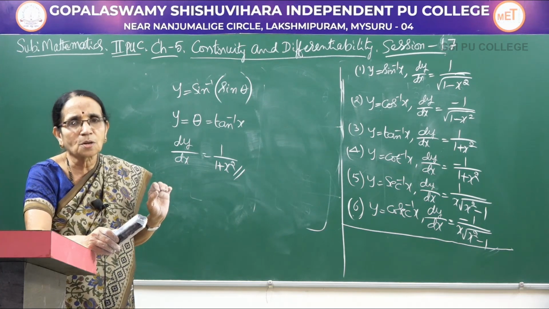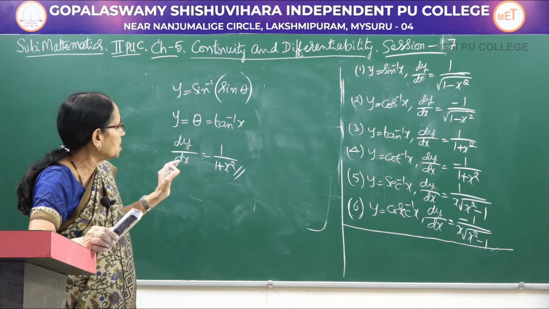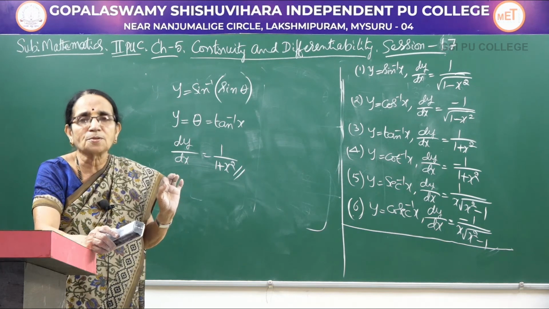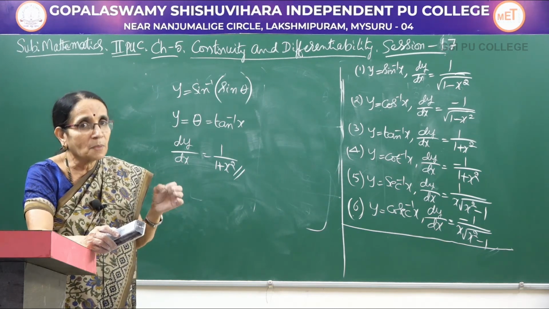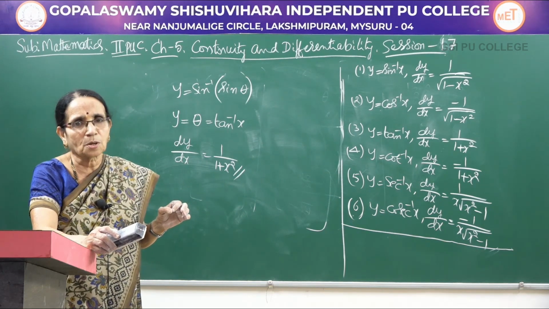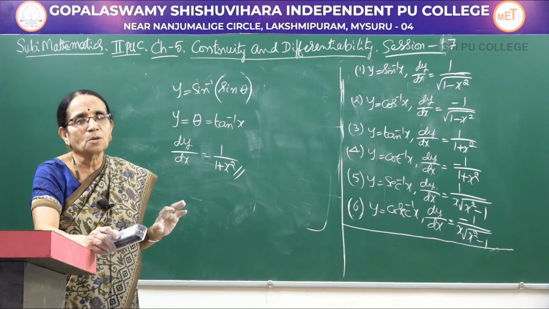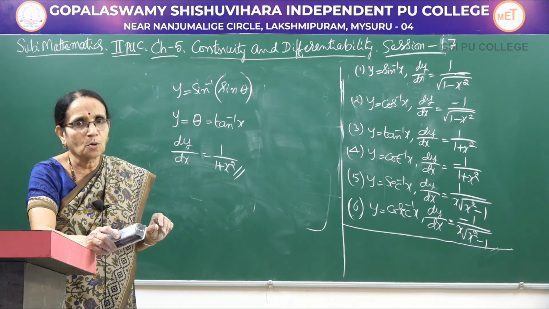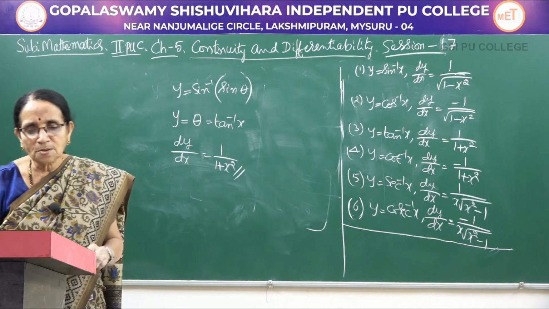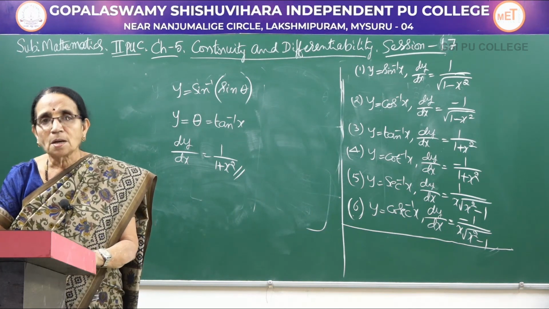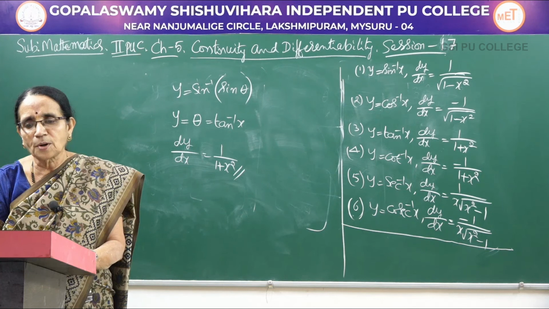So whenever there is an inverse trigonometric function, you just see whether the function could be simplified by making a proper substitution so that the differentiation would be easier for you. Okay. So this completes this topic, that is the derivative of the inverse trigonometric functions.